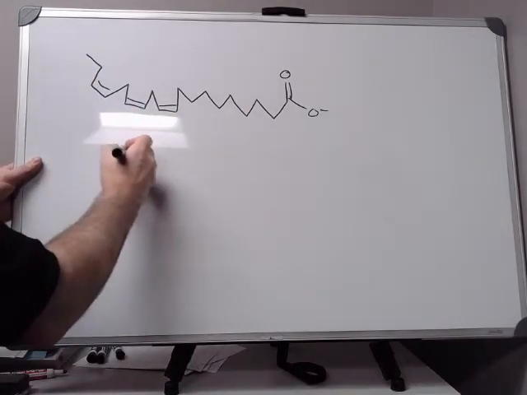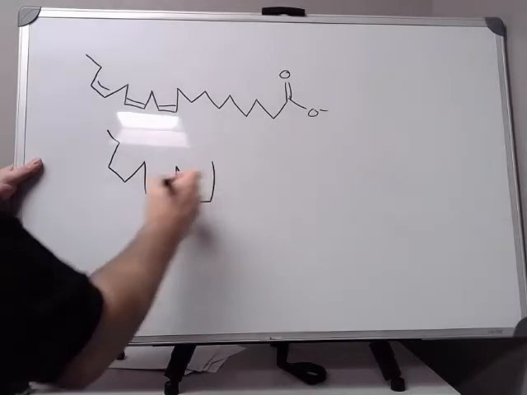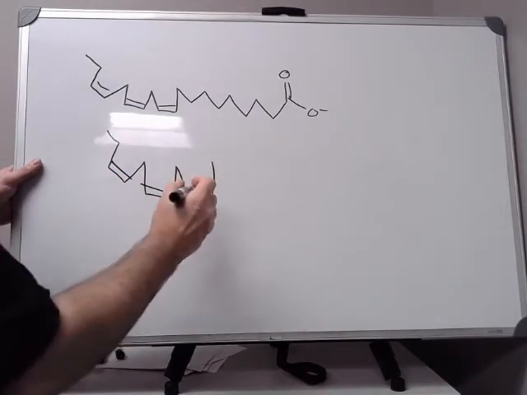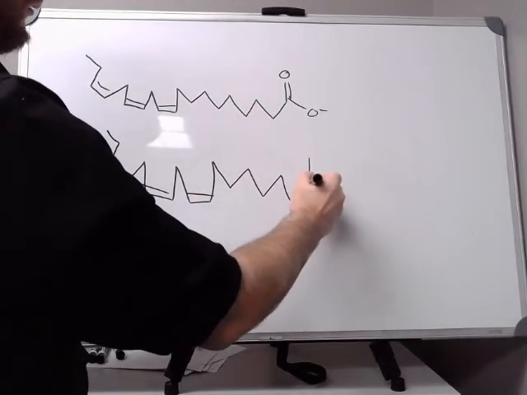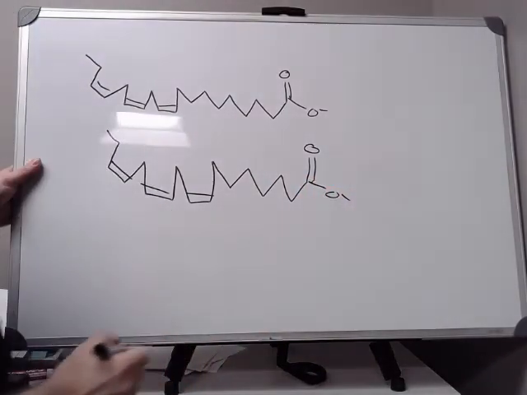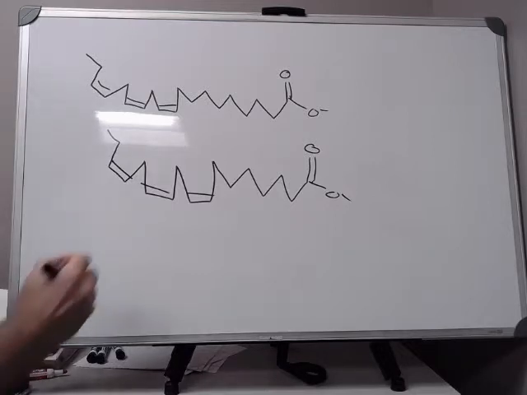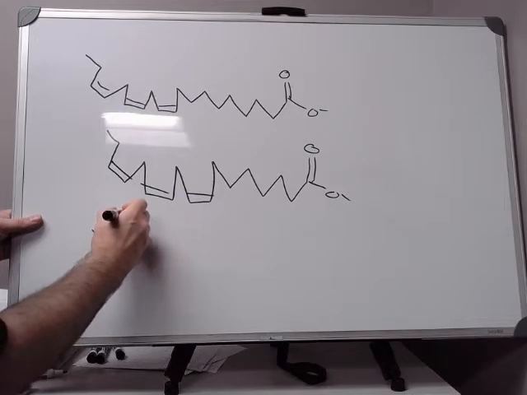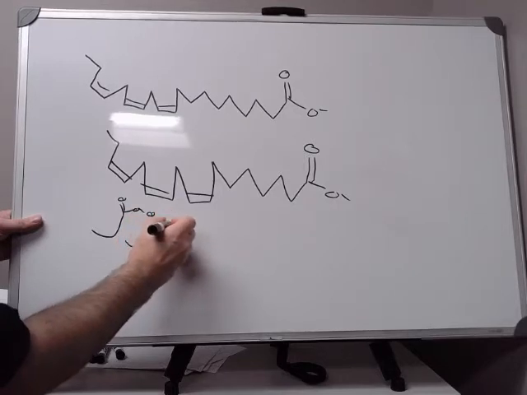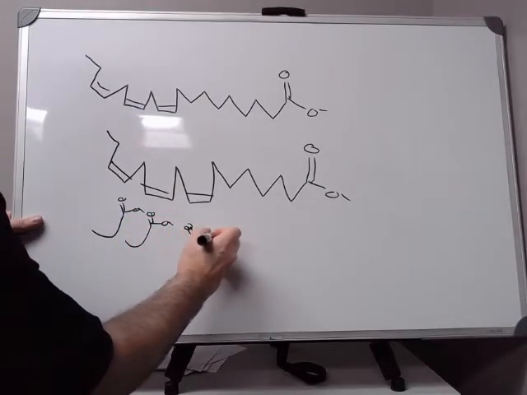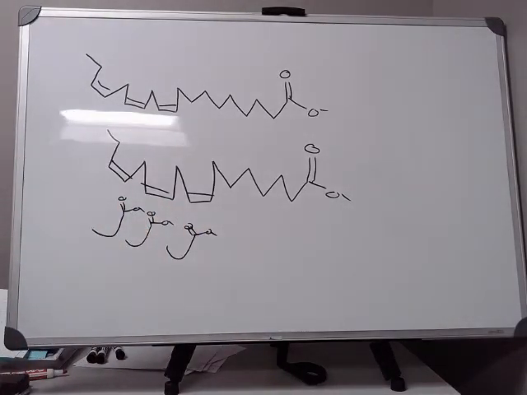And so if we have two molecules instead of just one, they don't pack together as well as the saturated fatty acids do. If we have several of these J-shaped fatty acids, then they can't clump together in the same way that saturated fatty acids can.